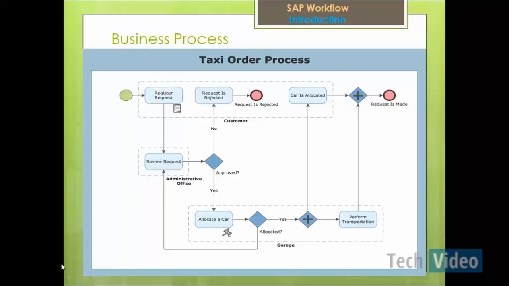So in order to incorporate this business process in a workflow and automate the process of sending the document to the administrative office, and also to determine the flow of your organizational structure, to which department this document has to flow, whether to your pick and drop or to your logistics, all these activities can be defined within your business workflow.